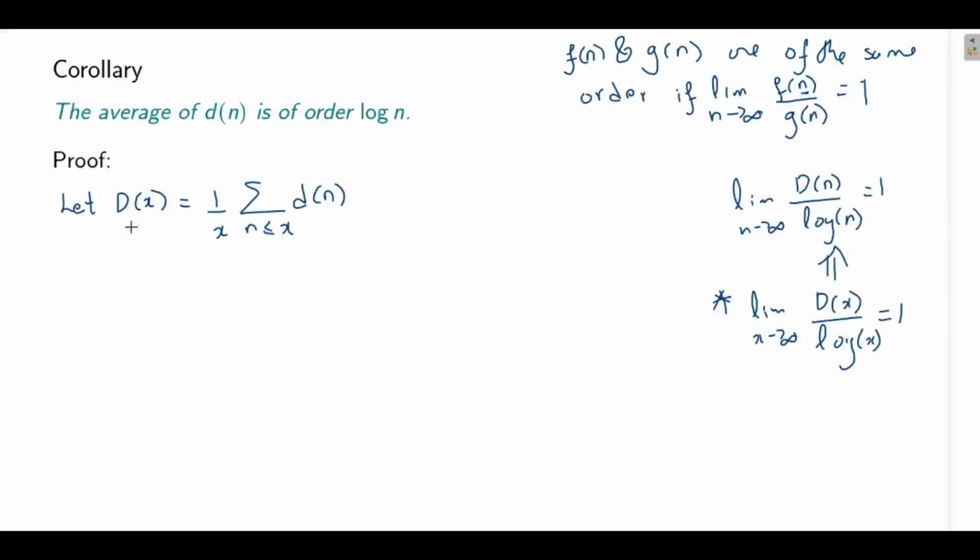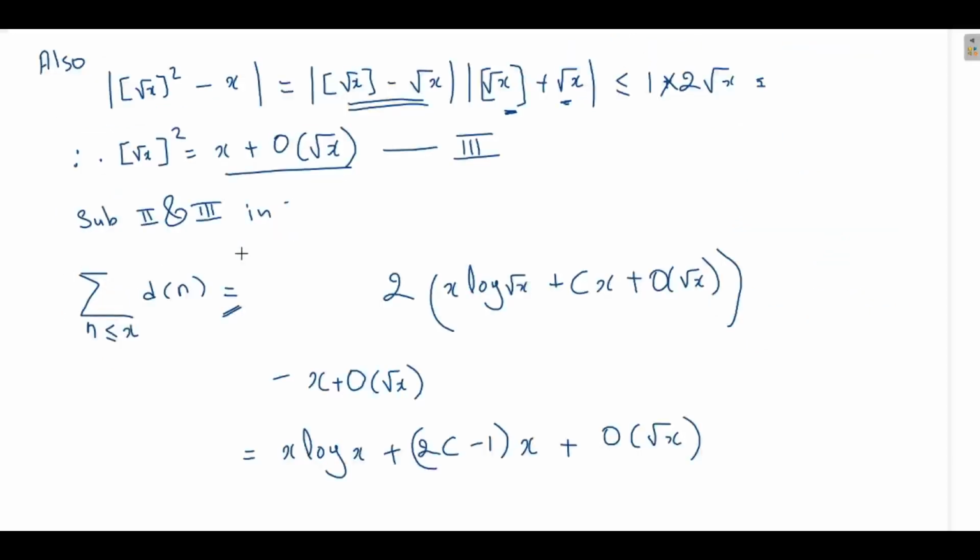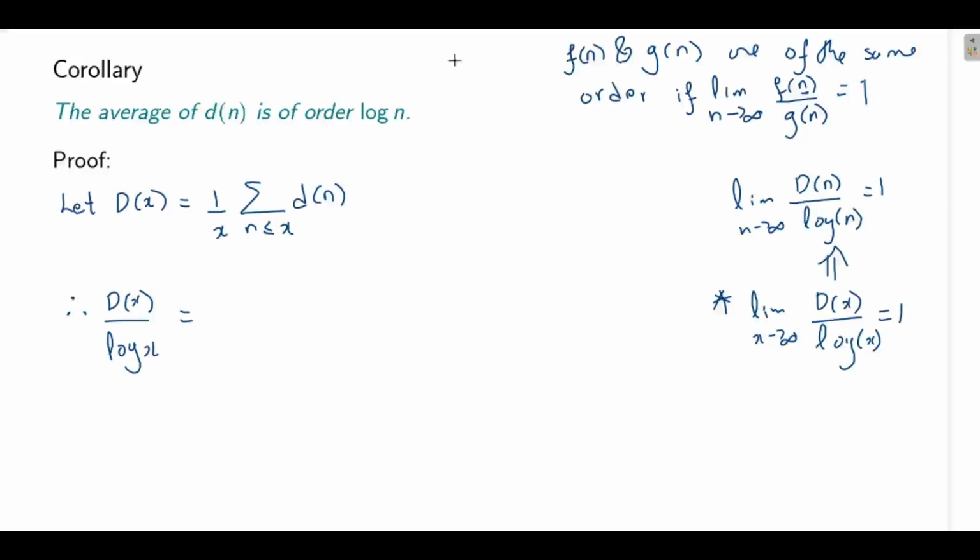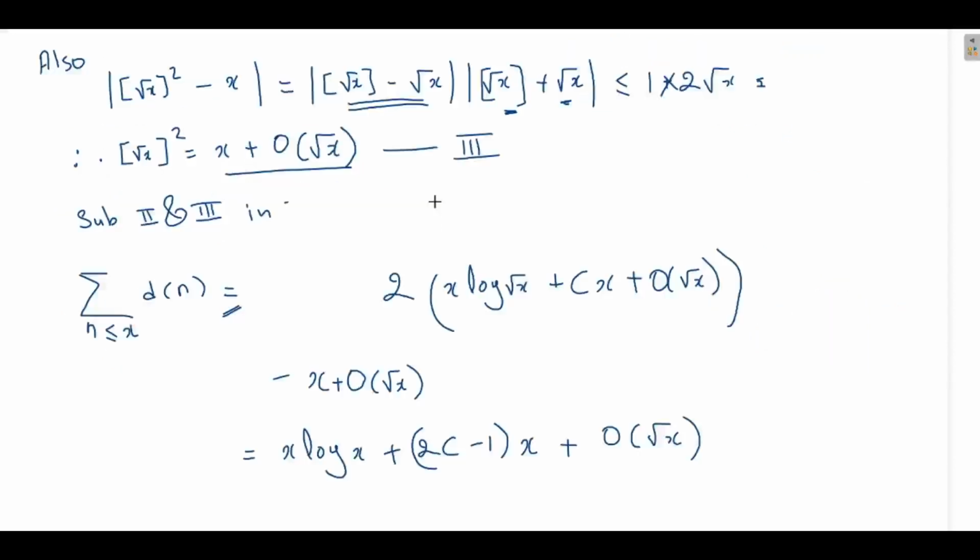Now look at D(x) upon log of x. We know that this sum, by the previous exercise, gives 1 by x times (x log x plus (2c minus 1) x plus big O of square root of x).